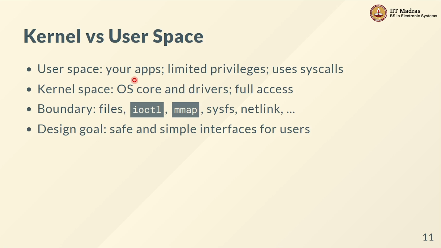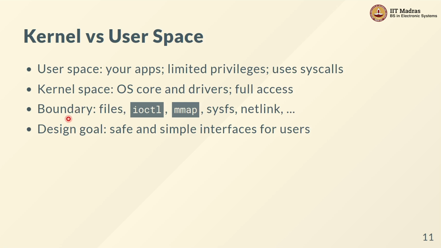Instead, they have to make a request to the operating system, and that is done using something called a system call, or a syscall. So syscalls are a very crucial part of how operating systems work, right? Pretty much everything where the user space needs to interact with something that is managed by the OS is handled through syscalls.